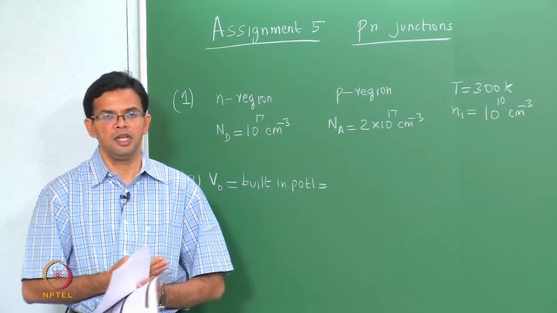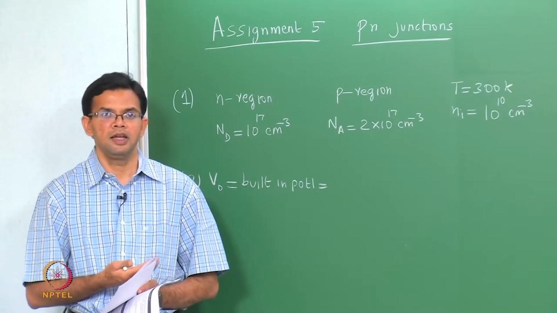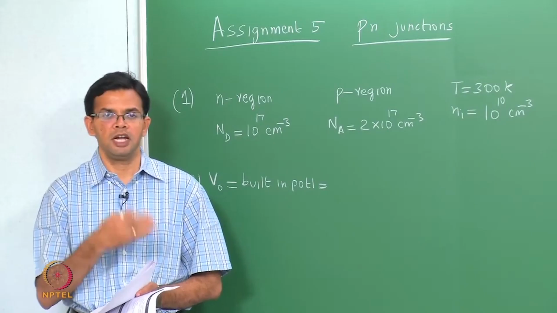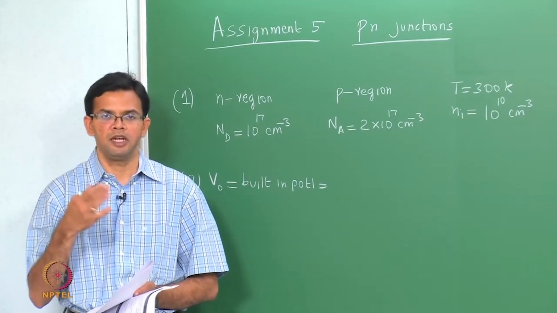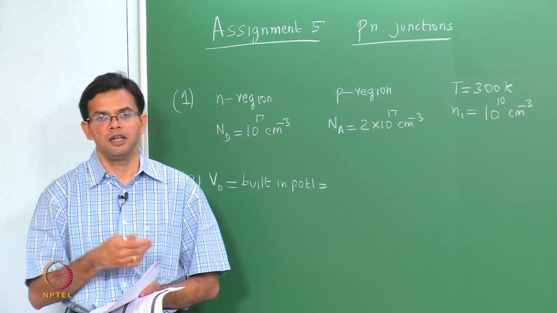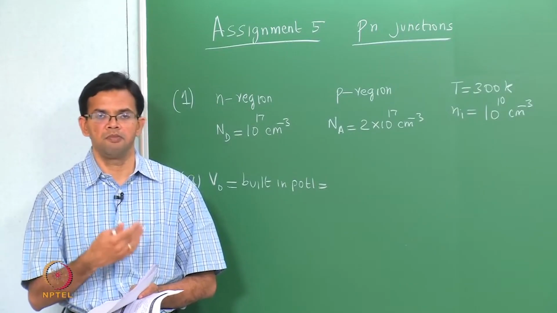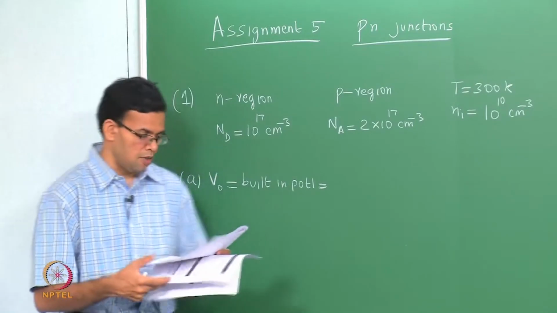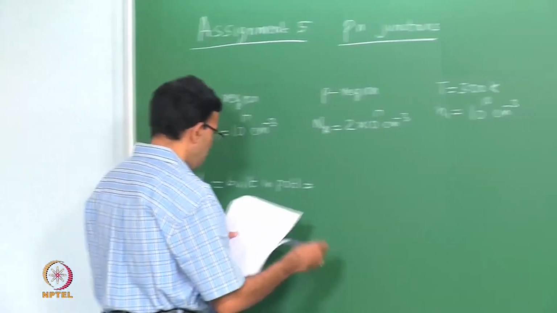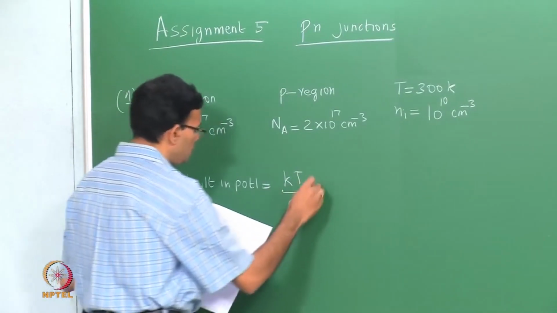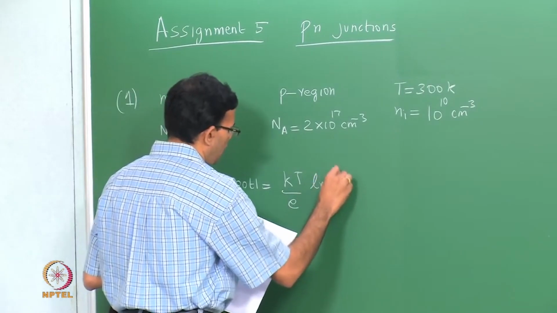These essentially meet each other and annihilate, so that you have a depletion region. On one side of the depletion region you have a net positive charge, this is the n side. On the other side you have a net negative charge, that is your p side, and there is a junction potential that develops.